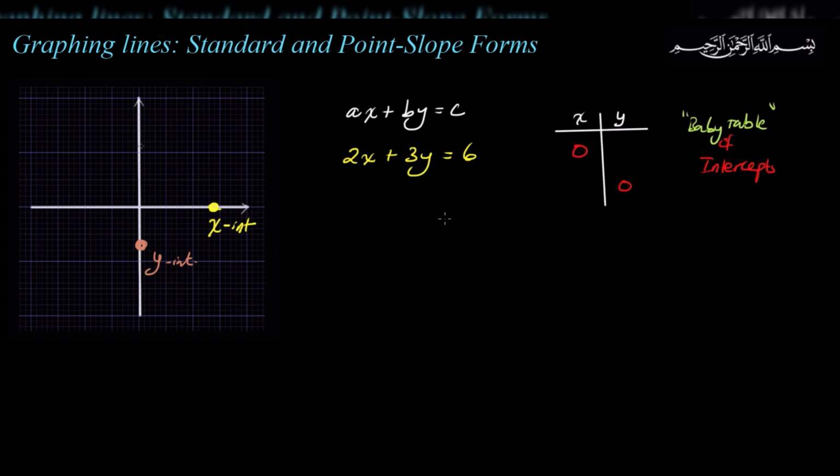Correct? This baby table is designed to find those intercepts. This is the baby table of intercepts, as I affectionately call it. Now, if you observe, every x-intercept and every y-intercept will be special in one particular sense.